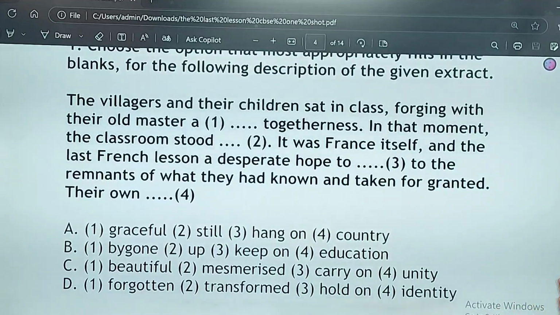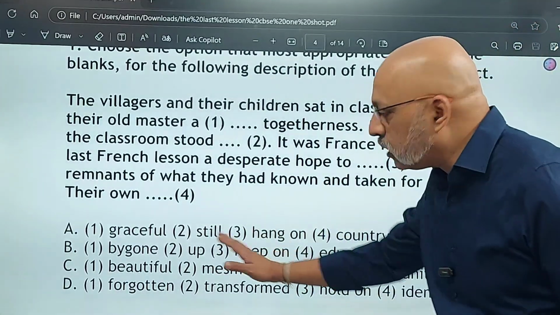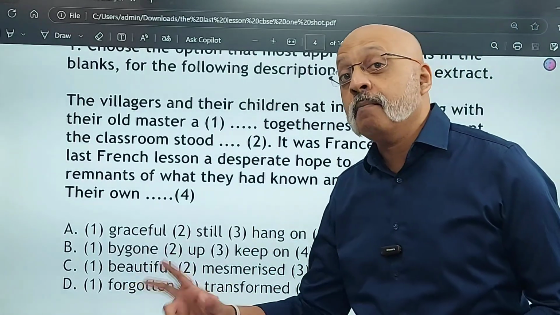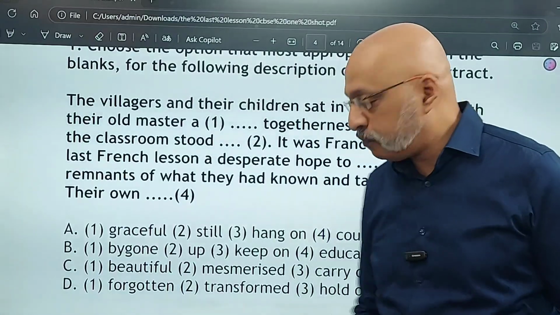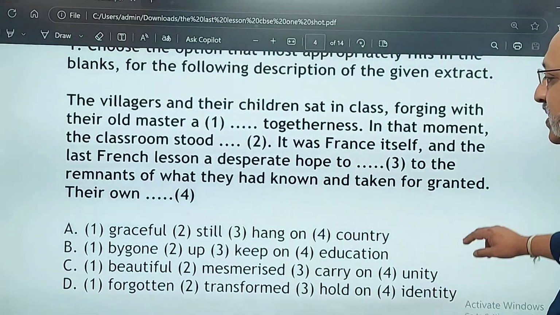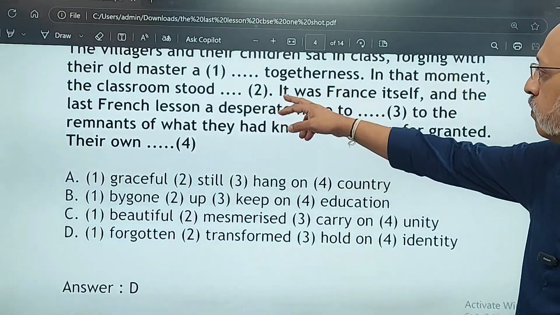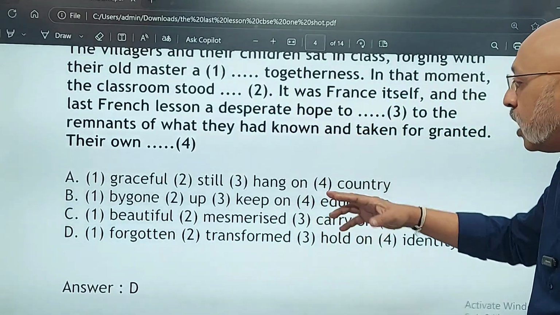So, it's always better to look at one particular word and see which fits and then try and match the others. This is the way, in fact, you get a lot of questions in MBA level examinations. So CBSE is pretty much following that kind of format. So the correct option is D, forgotten. The villagers sat in class forging with their old master a forgotten togetherness. In that moment, the classroom stood transformed.